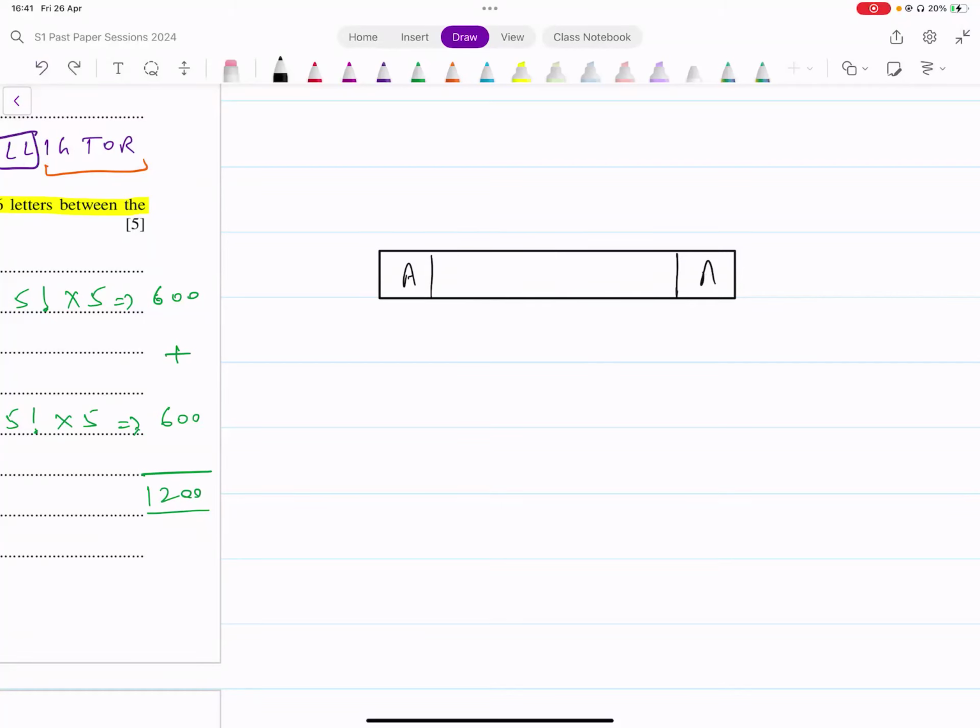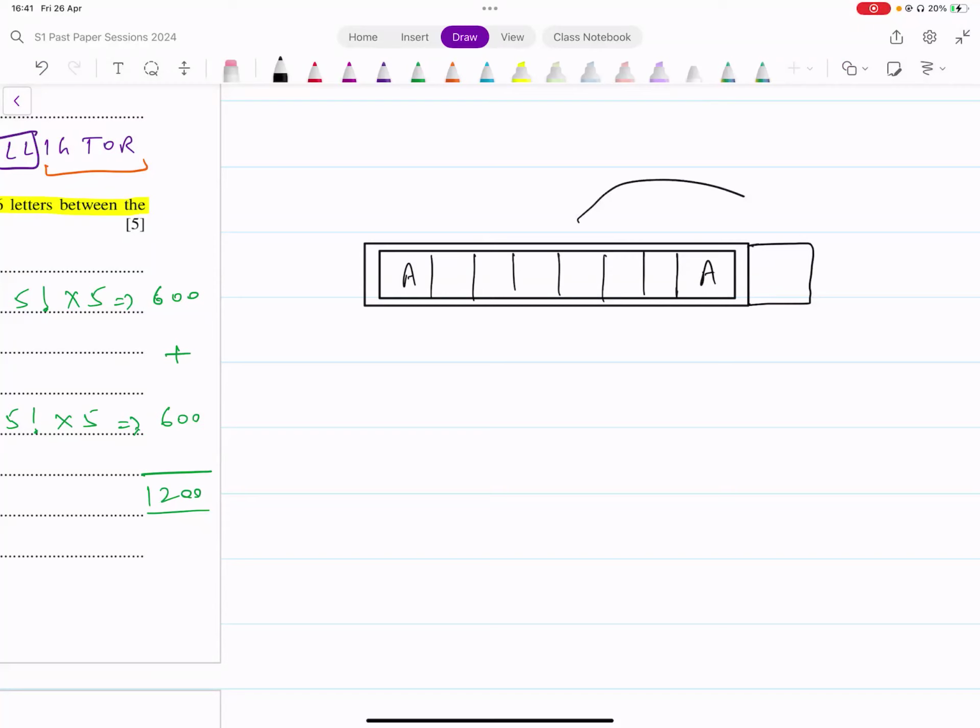You've got one big box that has 8 letters. And then you have one box outside. That's the remaining letter. In how many ways can you arrange these outer boxes? 2 ways, so that's 2 factorial.